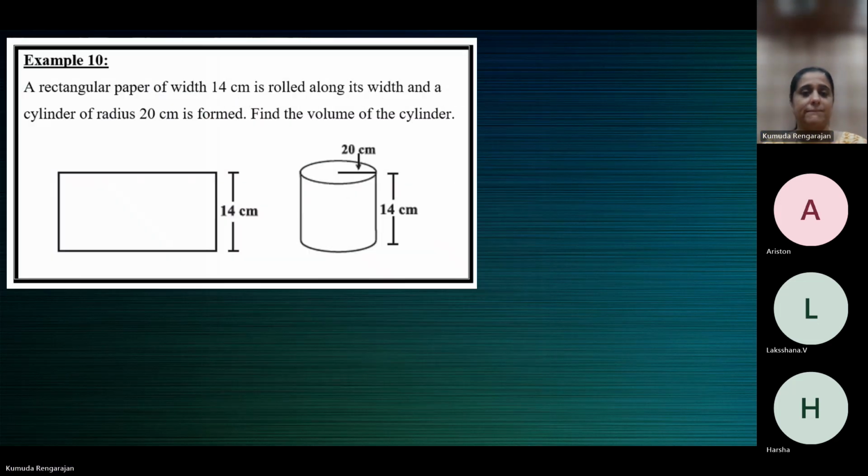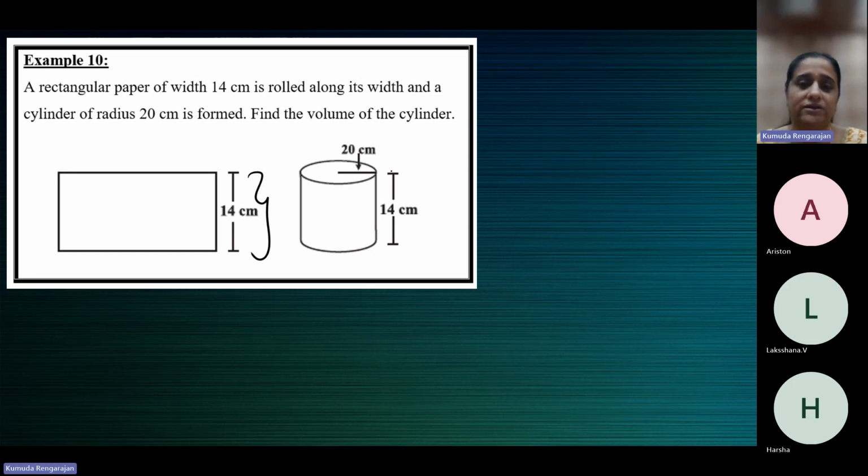A rectangular paper of width 14 centimeters is rolled along its width. So see here, a rectangular paper, you can see the picture here, of width 14 centimeters is rolled along its width, and a cylinder of radius 20 centimeters is formed.